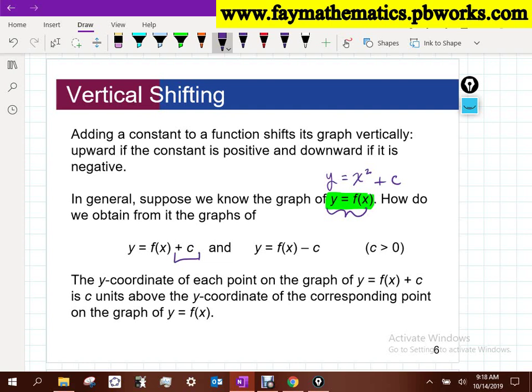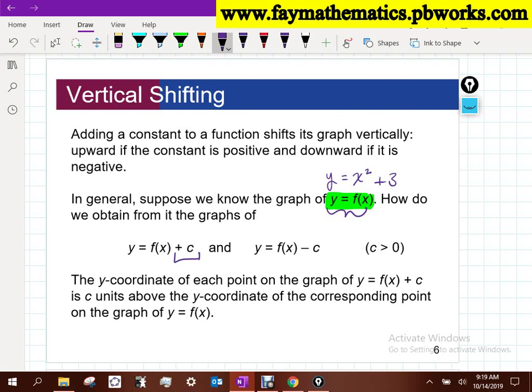Let's say c was 3. You would take the 4 that you got back from the x squared rule, and now you add 3 to that 4. Now you've got the ordered pair 2, 7. If I graph 2, 7, you will see that it is the point 2, 4 plucked off the graph and moved up 3 units.